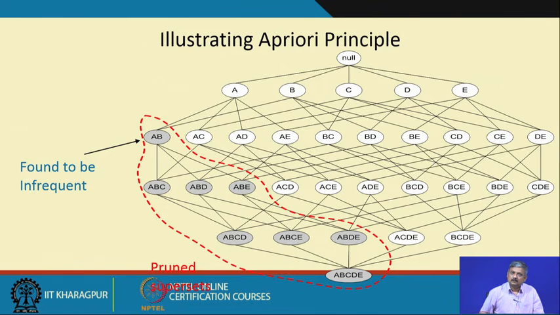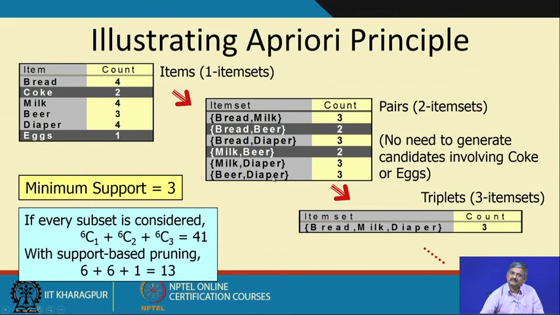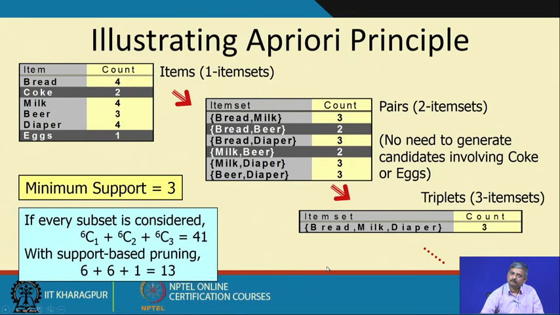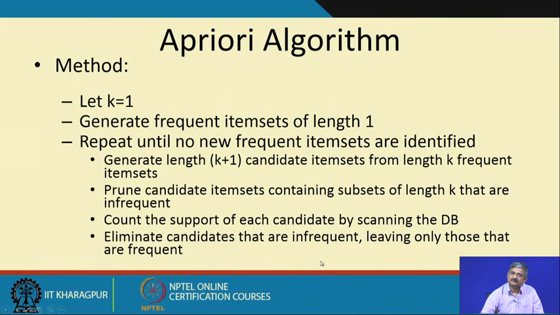Among the ones that stay frequent, I find all their combinations in the next level, the 2 item set level. I check which of them are frequent by counting, and if somebody is non frequent, their further subtree I prune, and then I go on till I go to the bottom.